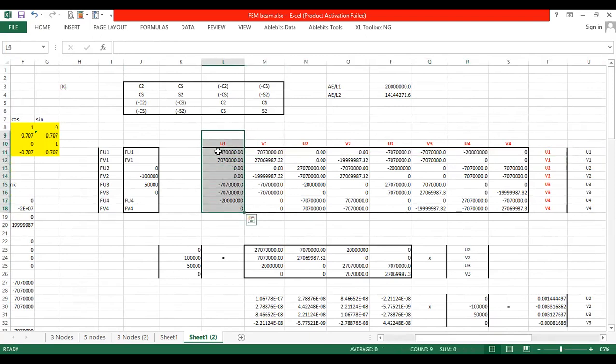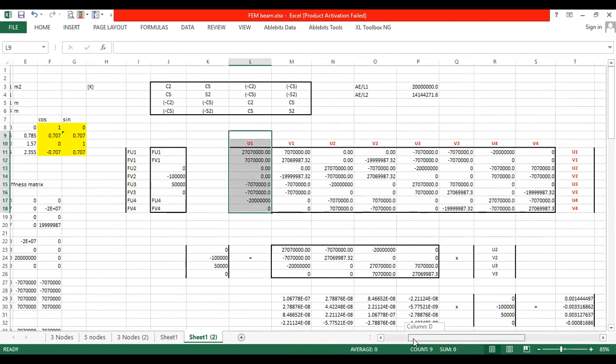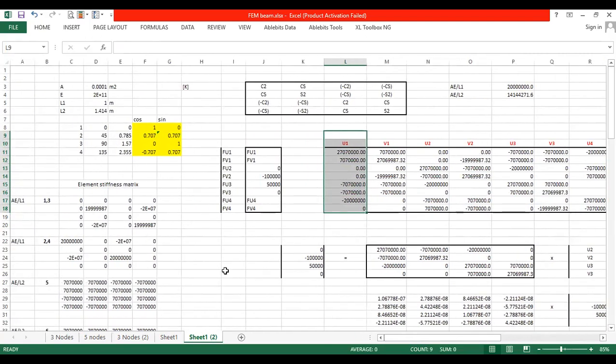So for instance, for U1, that comes like I explained earlier, right? In the fourth video, you have to assemble it, right? So let me show you for one moment.